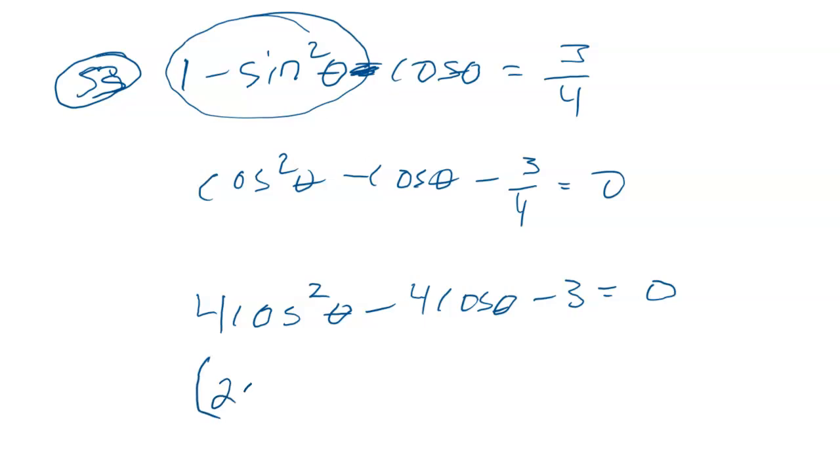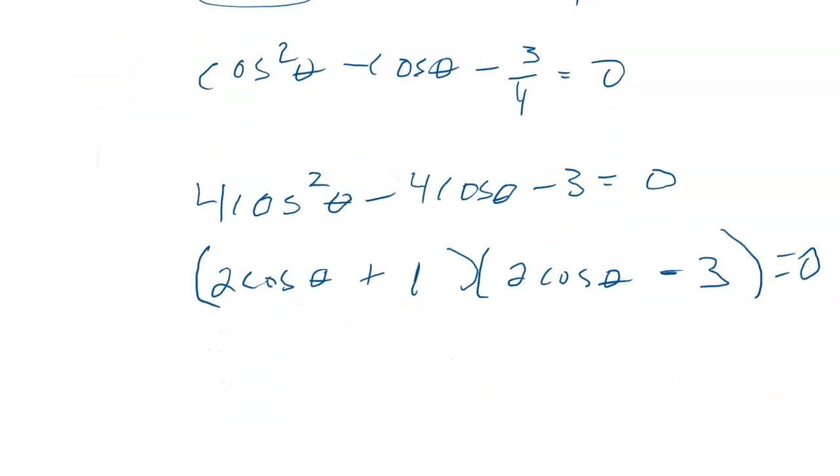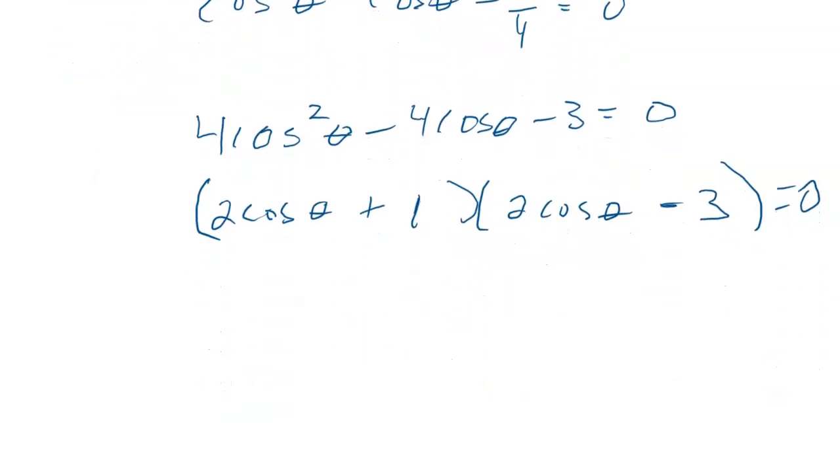This is going to be 2 cosine theta and 2 cosine theta. I need to make a minus 6. So I need a plus 2. So this is my plus 2, and this will give me my minus 6, and that's how I get that negative 4 in the middle. I mean, ultimately, just guessing and checking. I don't really do that weird AC method or whatever method you might have been taught earlier.